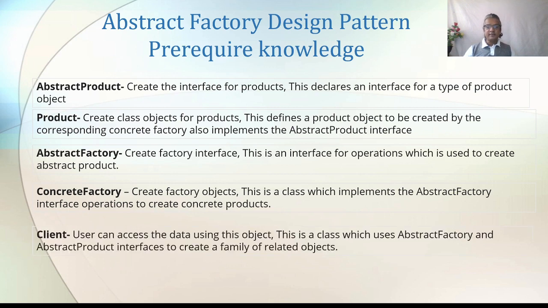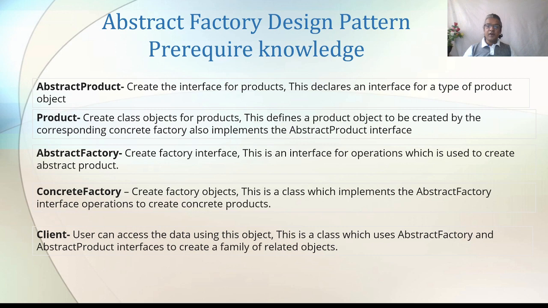Next is client. The user can access the data using this object. This is a class which uses the abstract factory and abstract product interfaces to create a family of related objects.